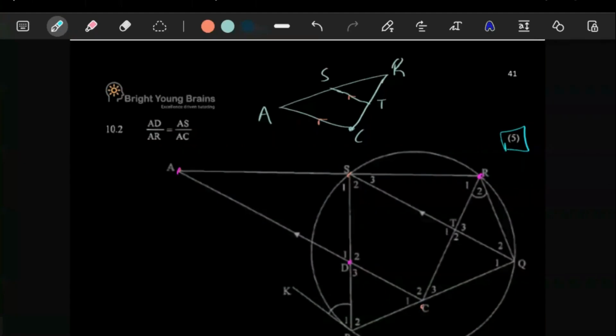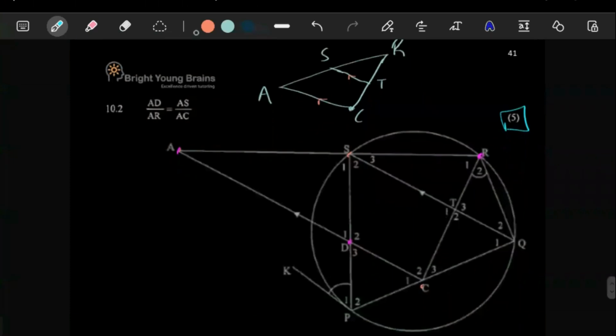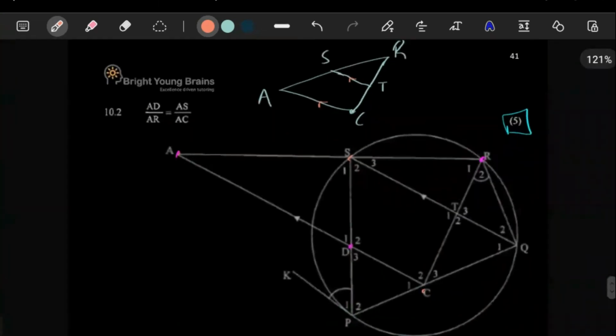Well, we can start off by thinking of the proportionality theorem. So we can say here, since we have AR, let's see, AS and AC. Goodness, do we maybe need to prove that certain triangles are similar? Let's maybe try and see if certain triangles can be similar here.